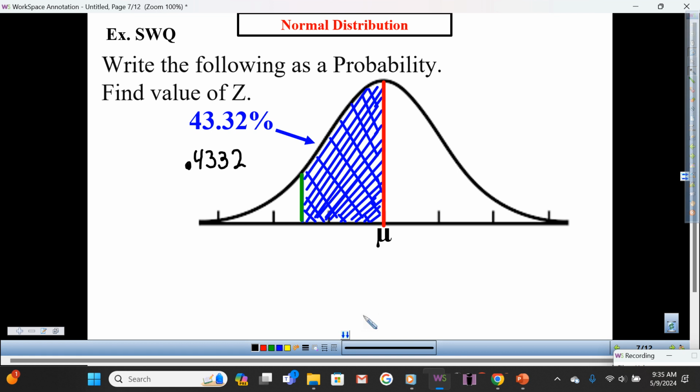We know mu, is that correct? All right, so tell your neighbor what the decimal value of that one is. Fernando, the red Z is?